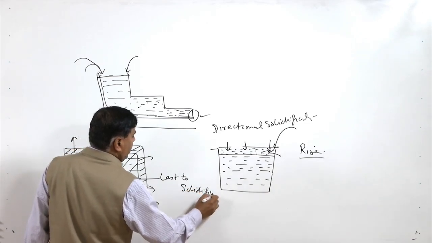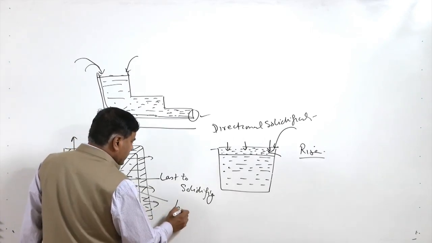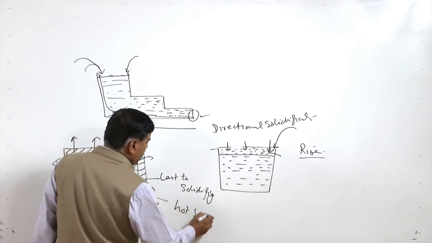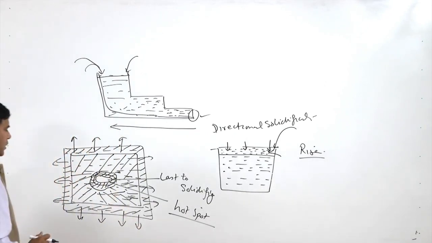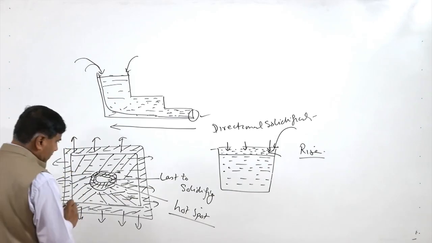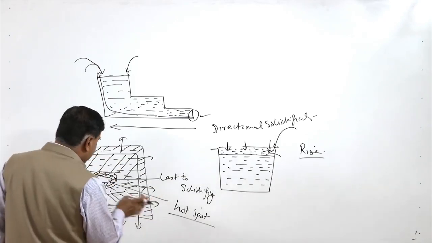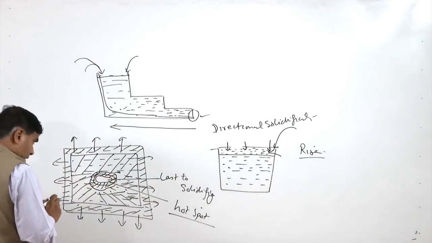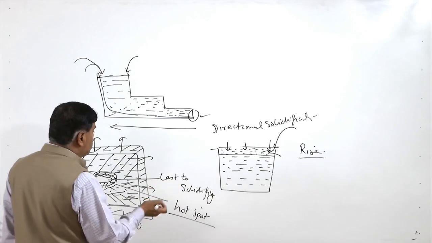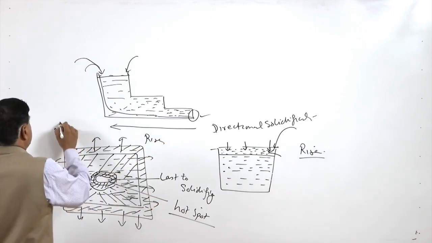So, this is also the region you can say the hot spot region, which will be solidifying at the end. In this case the liquid metal solidifying at the end is on the inside, so molten metal cannot be fed from the outside, either from the riser or from the ingates.